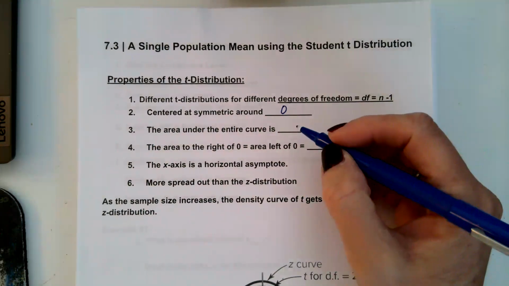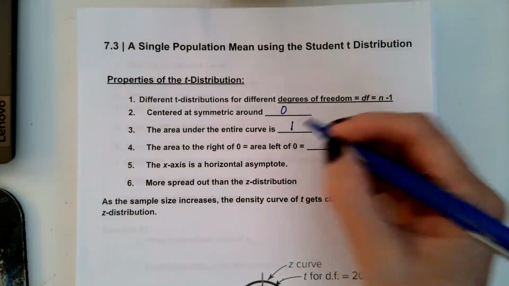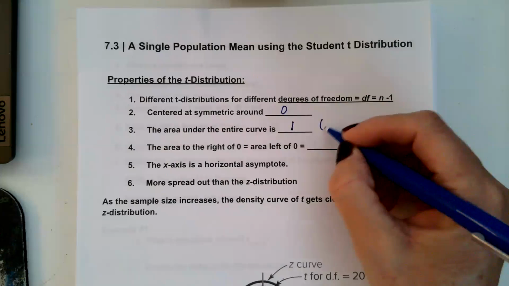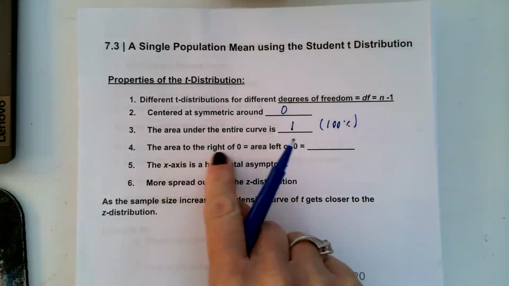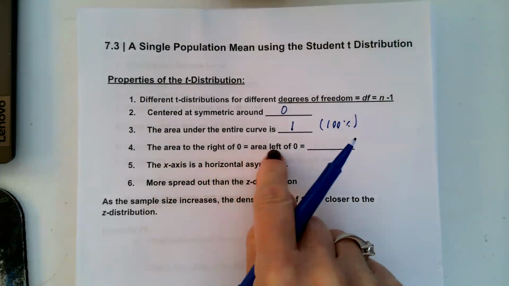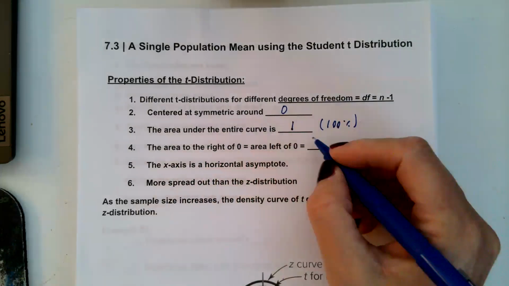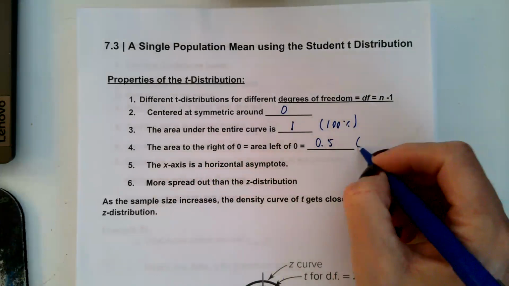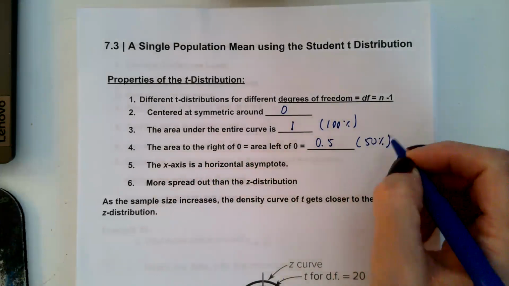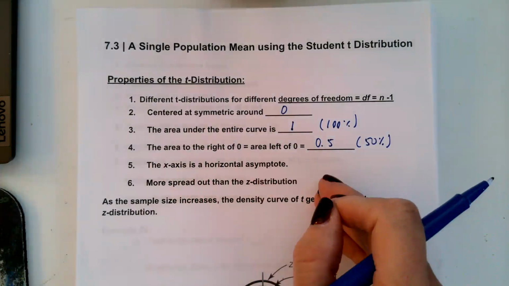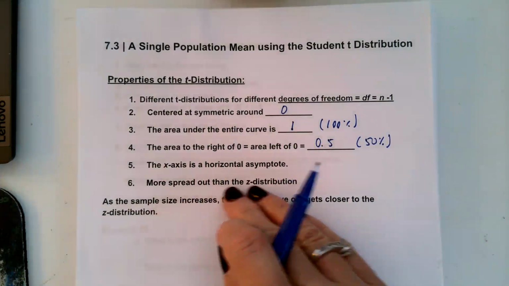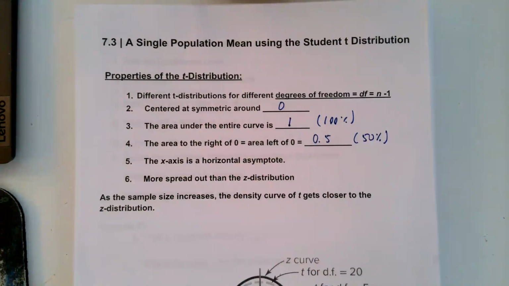And the area under the entire curve is 1, just like the normal curve, also related to 100%. The area to the right of 0 is equal to the area to the left of 0, which is also 0.5 or 50%. That's the same as the normal curve. The axis is a horizontal asymptote, the same as the normal curve. It's just a little bit more spread out than the Z distribution.